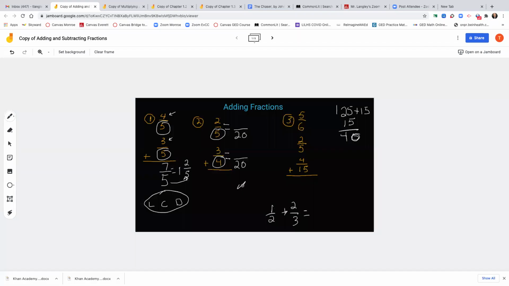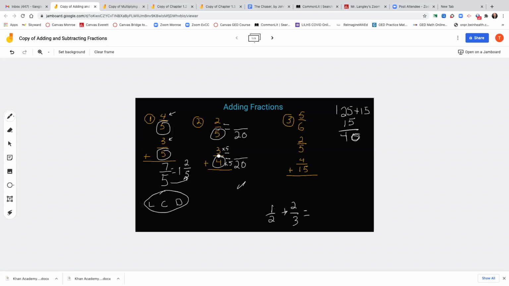Okay, so 4 became a 20 here. I got 3/4, and I said they both go into 20, 4 and 5. How did the 4 get to 20? I must have multiplied that by 5, right? To get it to 20. So whatever you do to the bottom number, you have to do the same exact thing to the top number.